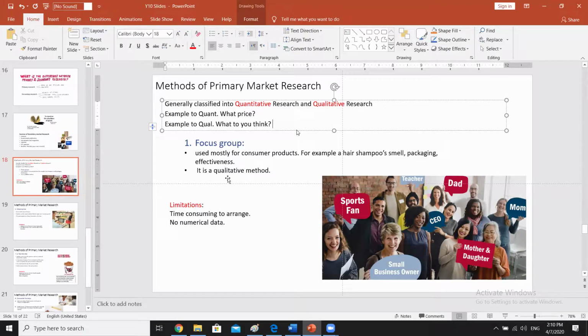Okay, so what is it? Well, look at the picture. So in the picture, you have, let's say, a number of potential customers for the products that I'm providing. Let's say it's a shampoo. That guy should not be in the focus group if it's a shampoo, but regardless. Let's say it's a shampoo. So what I do is that I go and pay these people who are just random people who are interested in making some money.